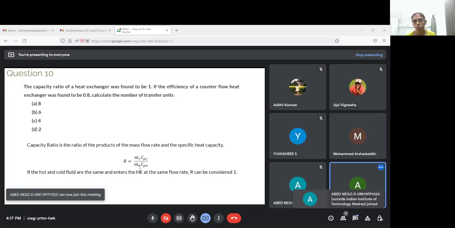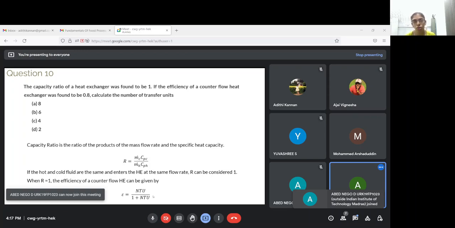So when R is equal to 1, the efficiency of a counterflow heat exchanger can be given by number of transfer units divided by 1 plus number of transfer units. The derivation of which is given in the last lecture, the last lesson of your week. In case of a parallel flow heat exchanger, your efficiency will be different. In case of a counterflow heat exchanger, your efficiency will be different. So based on what the R value is, your relation between efficiency and NTU will also change.